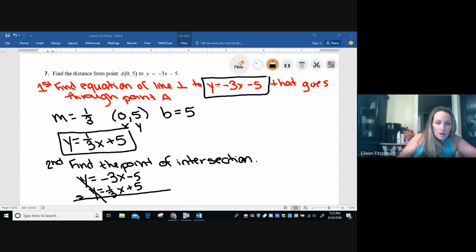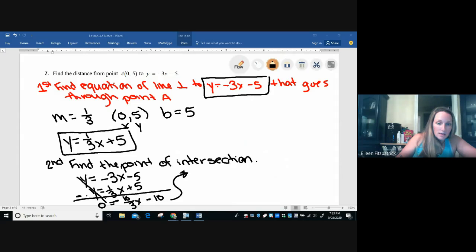Negative 3 minus 1/3, that's the same thing as negative 3 plus negative 1/3. That's negative 10/3 x. And then negative 5 minus 5, that's negative 5 plus negative 5, which gives you negative 10. And it's a 0 on this side because the y's were eliminated.